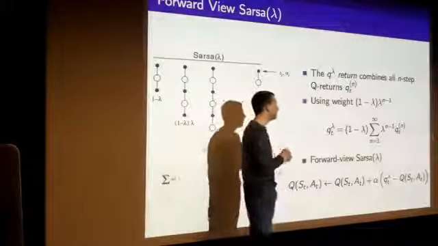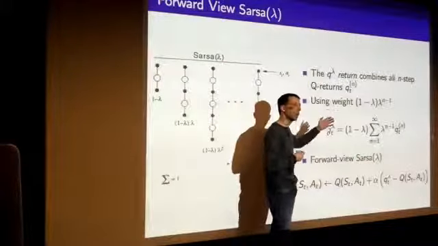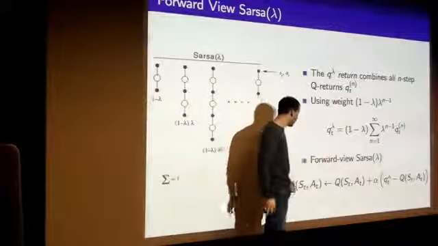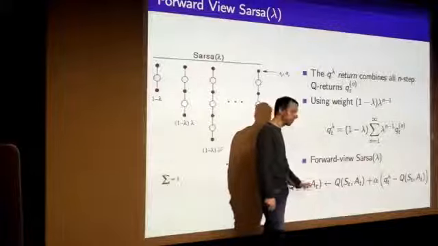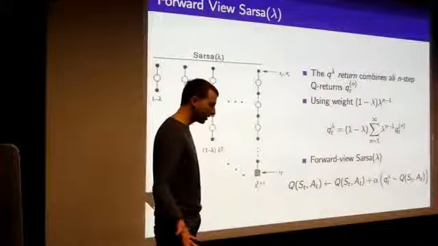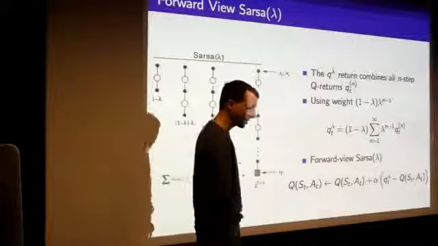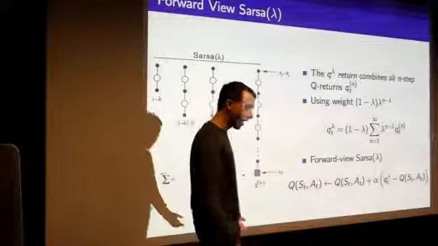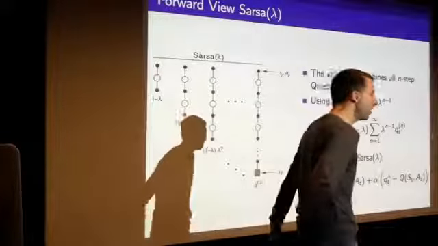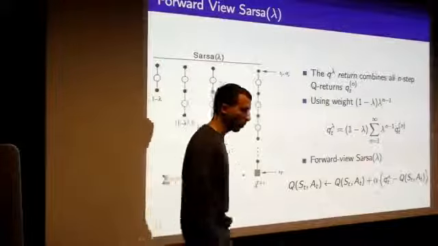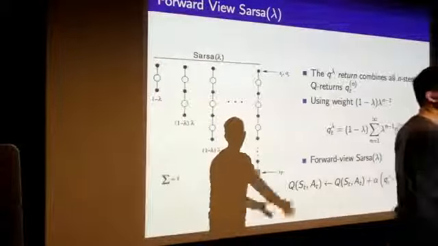Okay? And now we can plug this right into our update. So again, I'm going to update my Q value. I start over here, and now I'm going to consider a weighted sum for this Q value. I want to know how good it is to take this action. I'm going to consider a weighted sum that takes account of my estimate based on my reward plus my Q value from here, but also based on my reward plus my reward again, plus my Q value from here onwards.